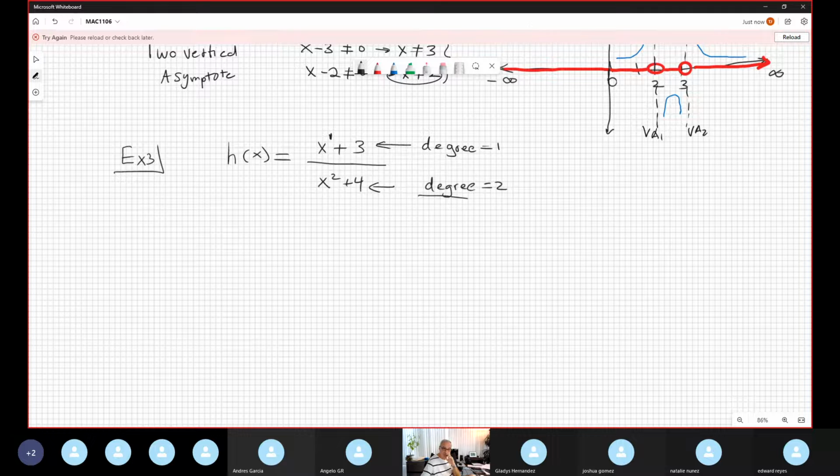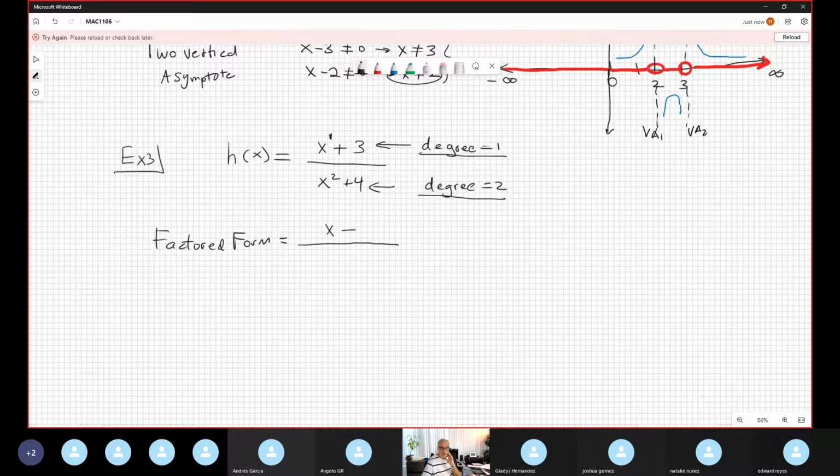And as I promised, in one moment I will explain the consequence of having different degrees. But it's okay. Now if you want to express the factored form, you are doing the factorization of the polynomial in the top and the polynomial in the bottom.